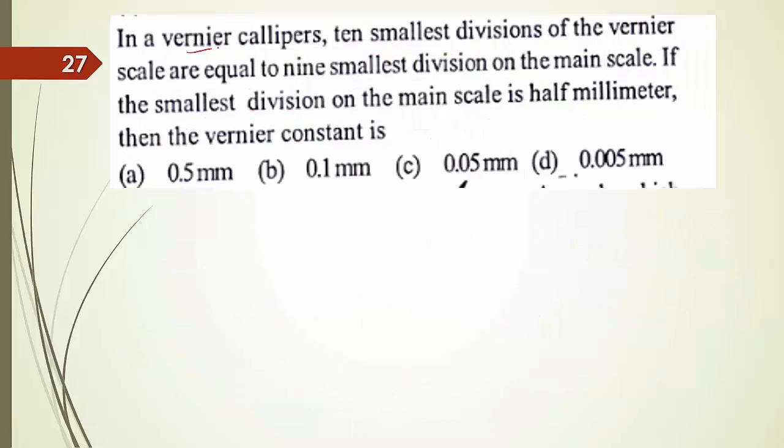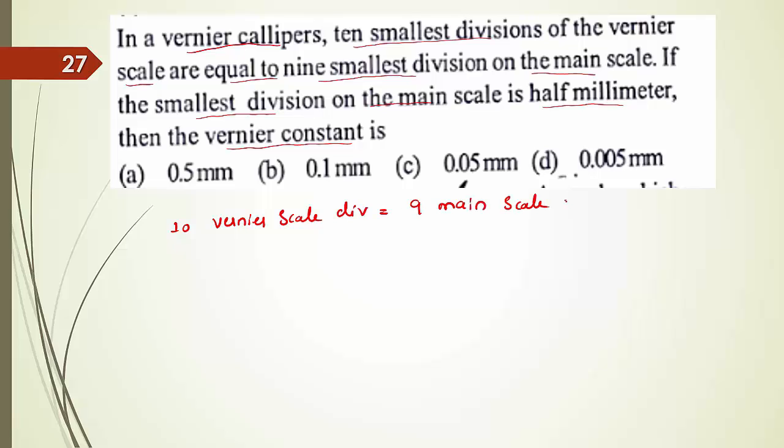27th question. In a vernier calipers, 10 smallest divisions of the vernier scale are equal to 9 smallest divisions on the main scale. If the smallest division on the main scale is half millimeter, then the vernier constant is. See here, according to this question, 10 vernier scale divisions are equal to how much? 9 main scale divisions.